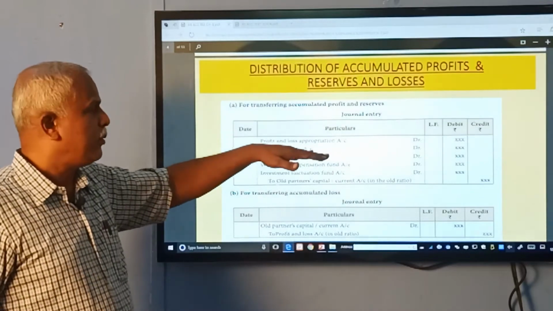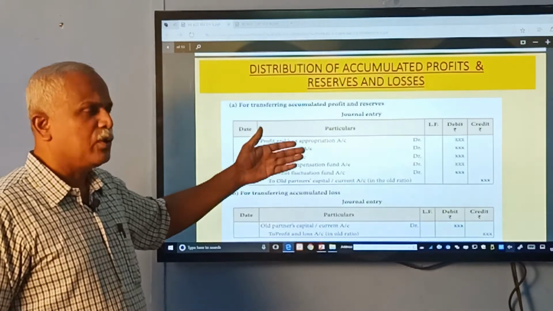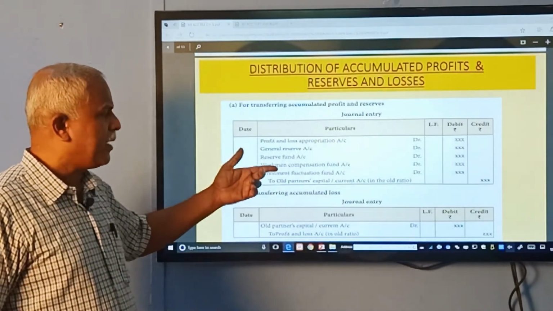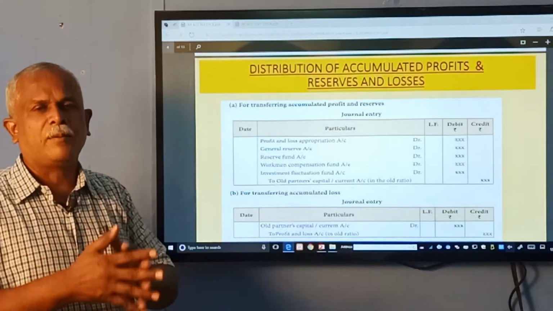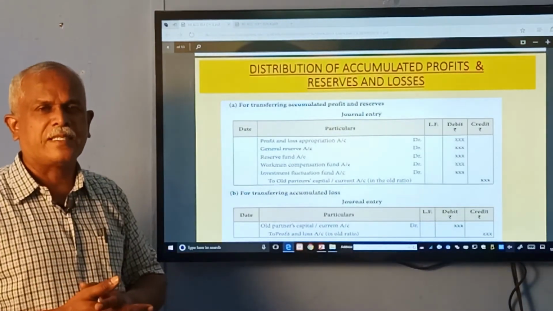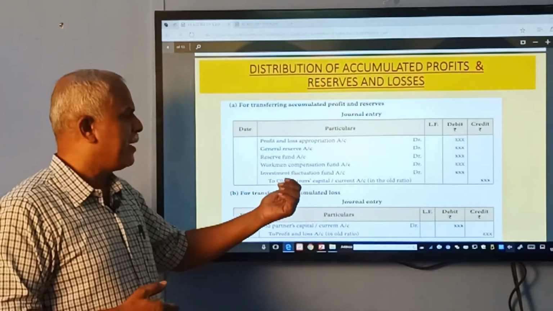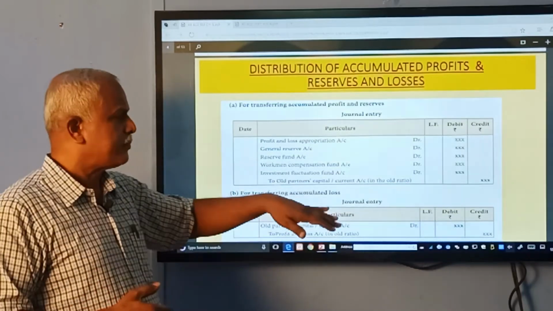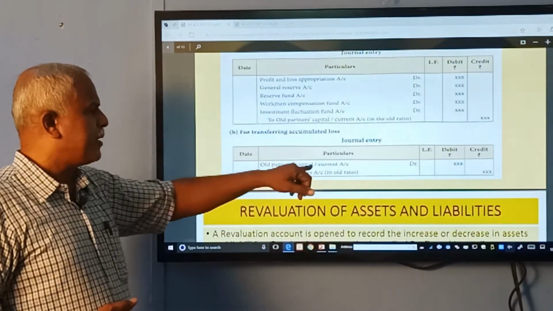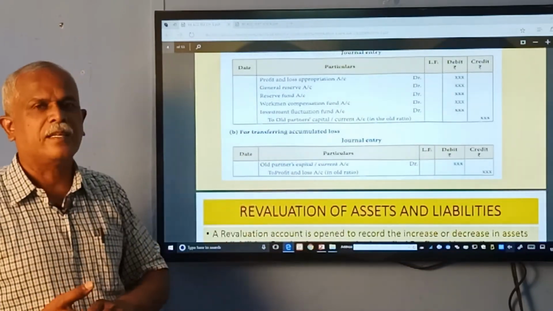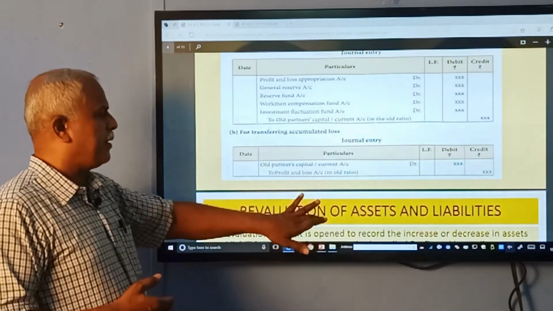Profit and loss appropriation account, that is undistributed profits, general reserve, reserve fund, both are more or less the same. Workmen compensation fund, investment fluctuation fund, these are all nothing but accumulated profits to meet some emergencies. They are now transferred to old partners' capital account in old ratio. If there is any loss, reverse the journal entry, that is all. Old partners' capital account debit to profit and loss account in old ratio, that is loss, if any.